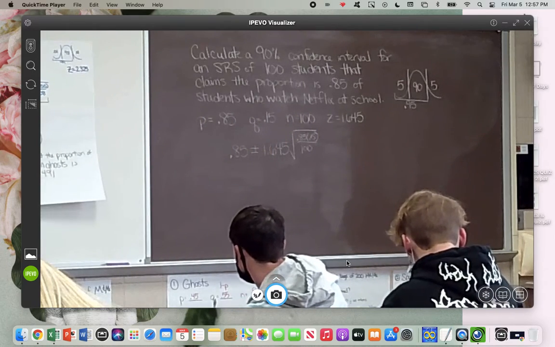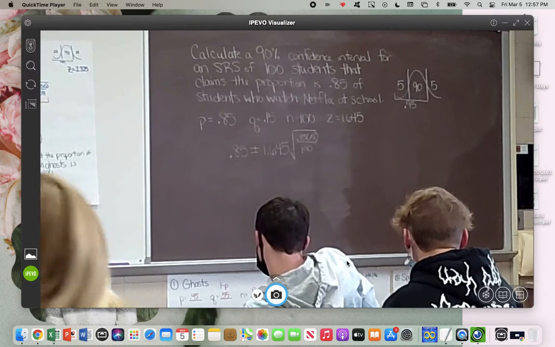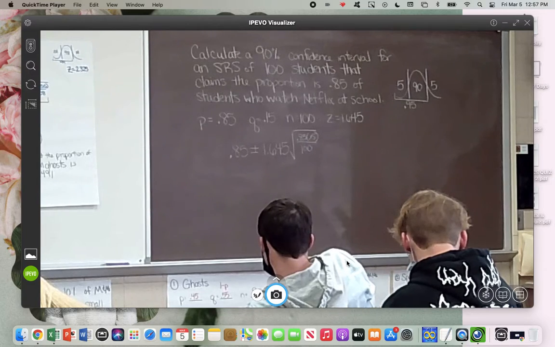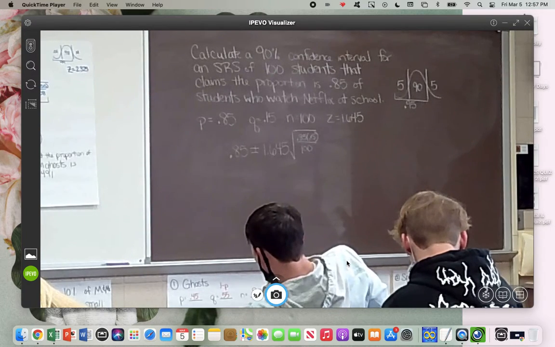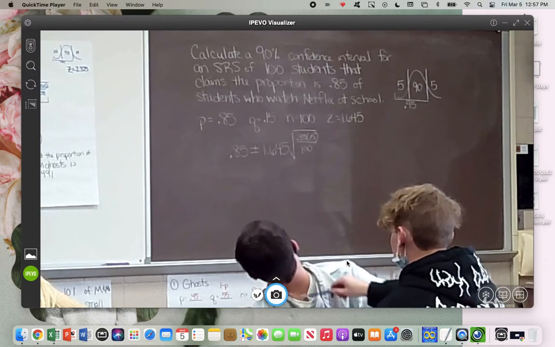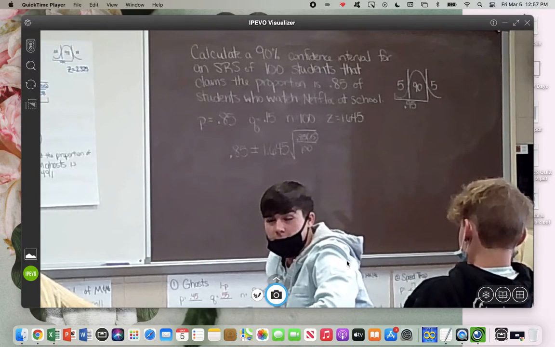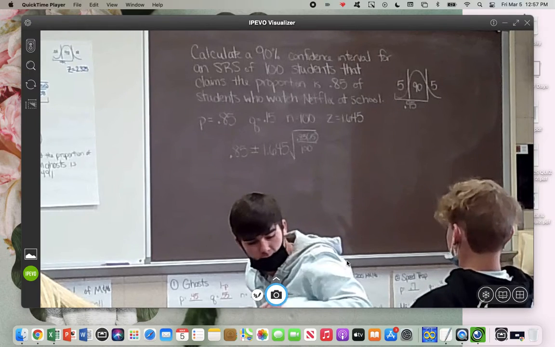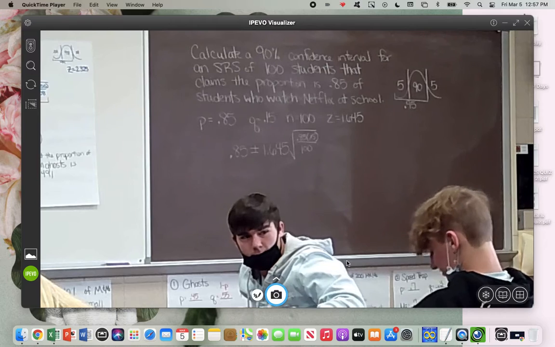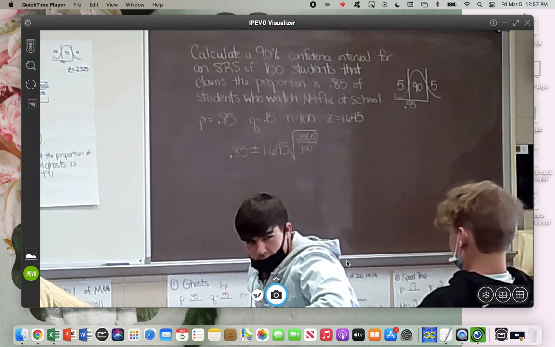All right, so let's first figure out that second half. Let's get that margin of error. How much are we going to add and subtract by? So we're going to take 1.645 times our square root, 0.85 times 0.15 divided by 100. And we're going to round that to the nearest thousandth. Annalie, what'd you get when you typed all that in?